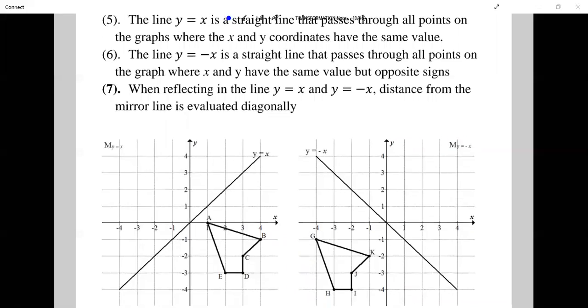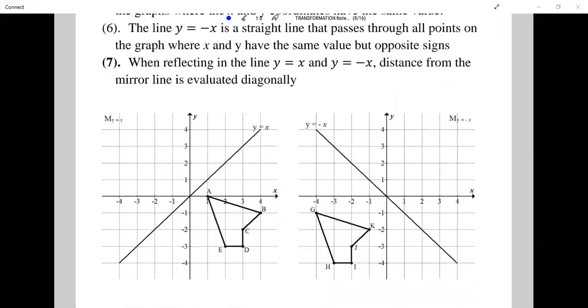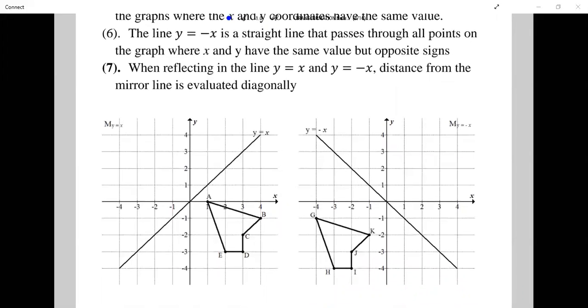Now, the line y equals minus x is a straight line that passes through all points on the graph where x and y have the same value but opposite signs. So the line y equals minus x is going to pass through minus 1, 1, minus 2, 2, minus 3, 3.